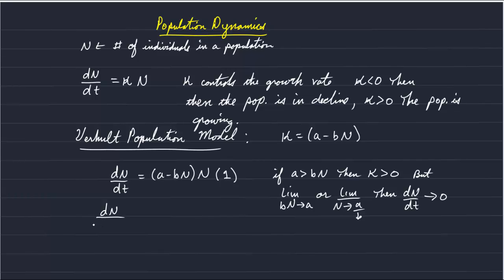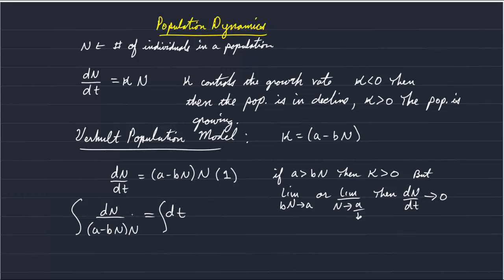We have the differential of n divided by (a minus b n) times n, and that's equal to dt. And we can solve this by integration. The other thing I'd like to point out, this too is a nonlinear ODE because we have a product of n with itself as one of the terms. Because it's separable, we have some relatively simple techniques for solving even a nonlinear system.